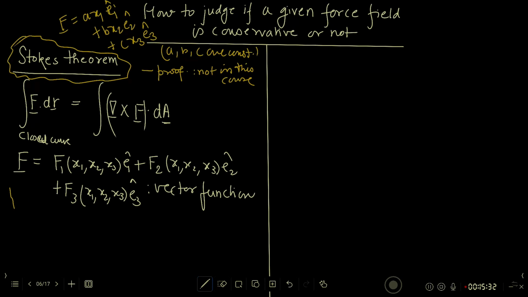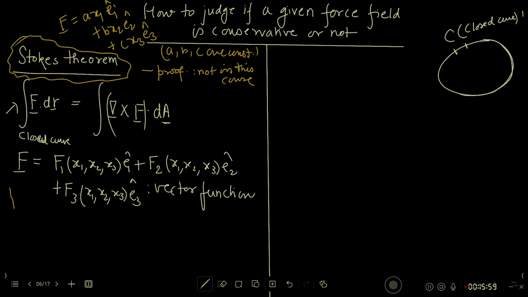What is this whole integral F dot dr? The force field exists on this blackboard. You take a closed curve C, and then you start integrating F dot dr.